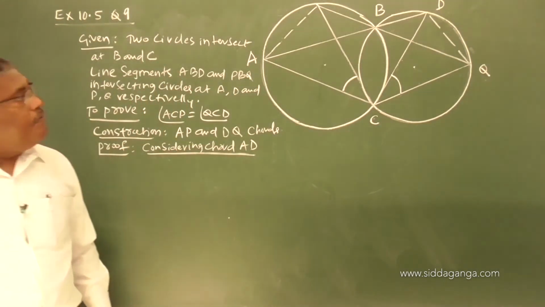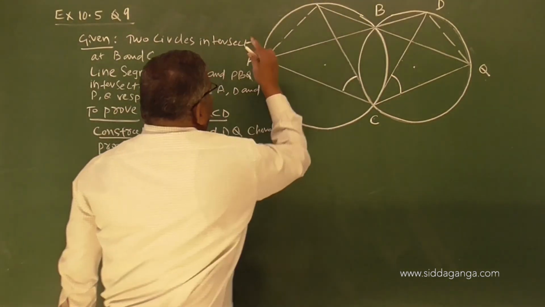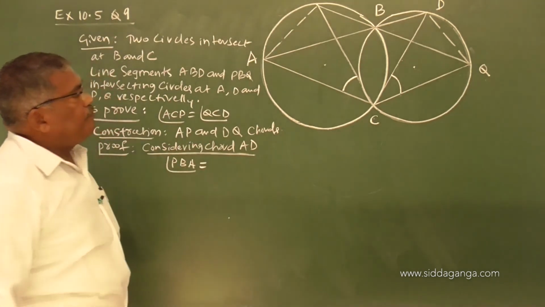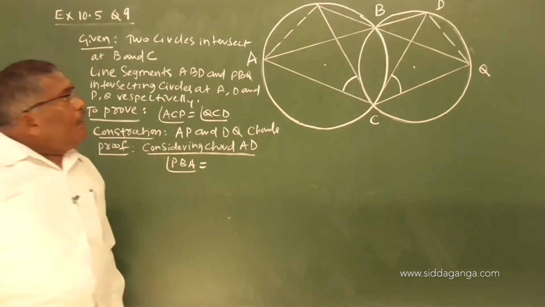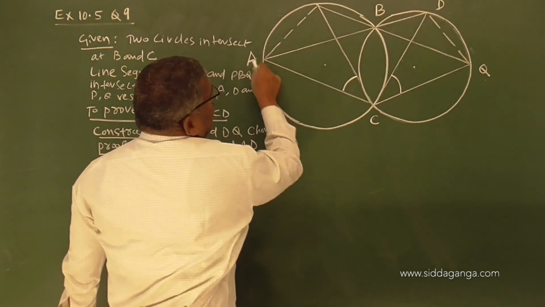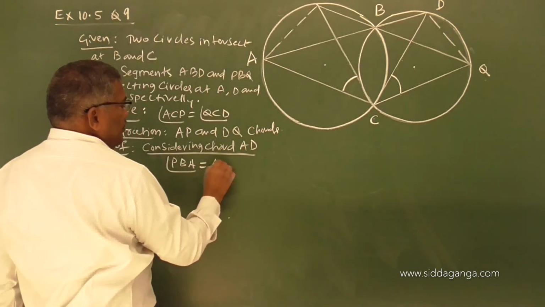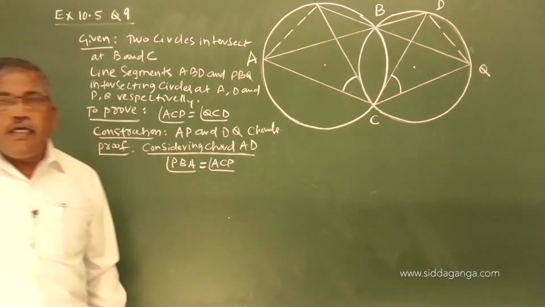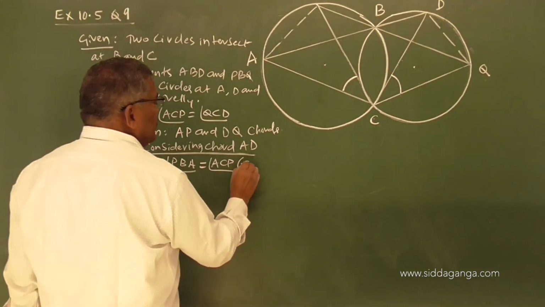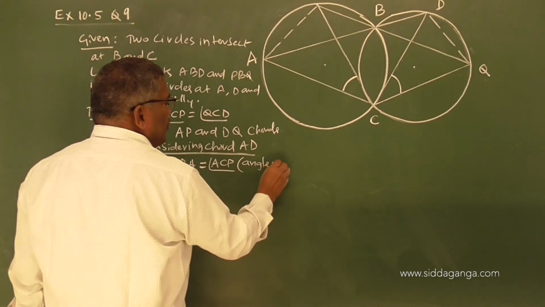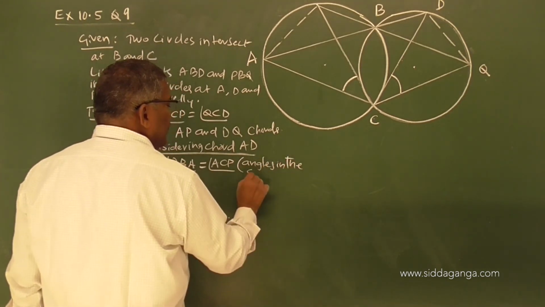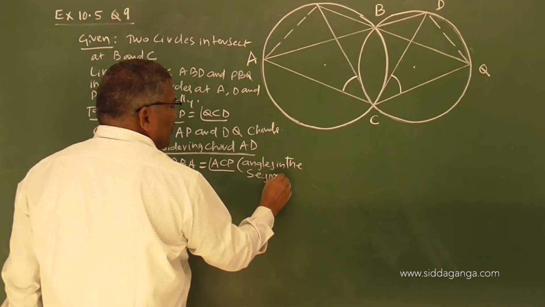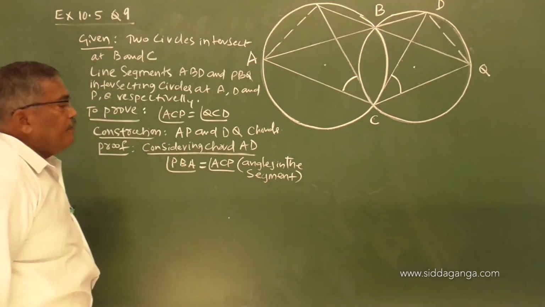So we can say PBA is equal to ACP. So the reason is angles in the same segment, subtended by a chord, angles in the same segment.